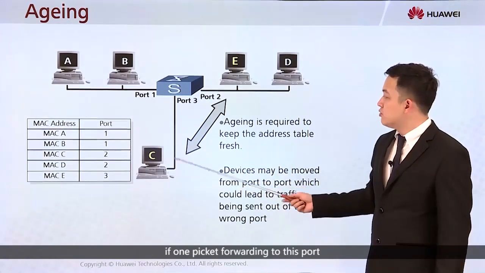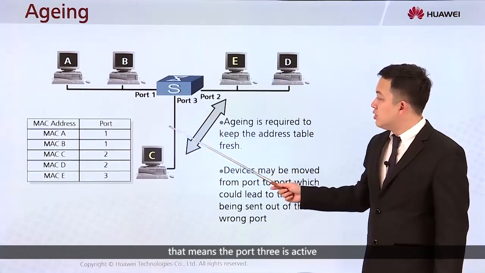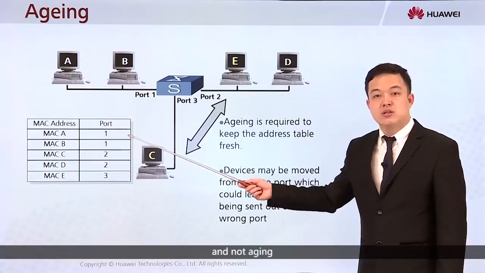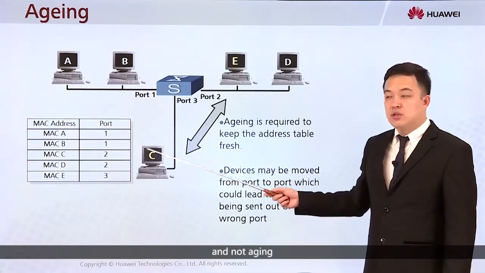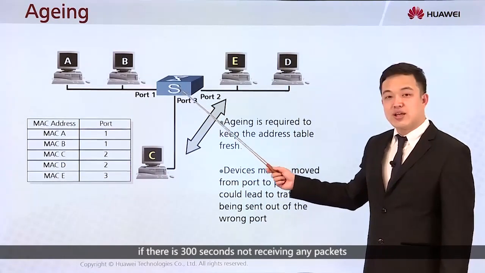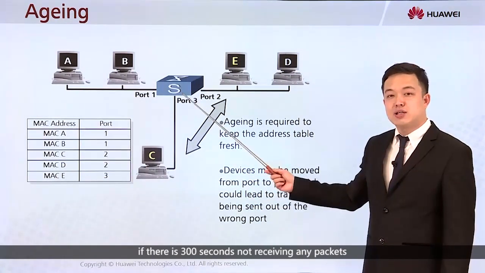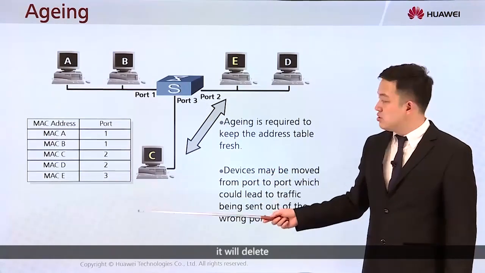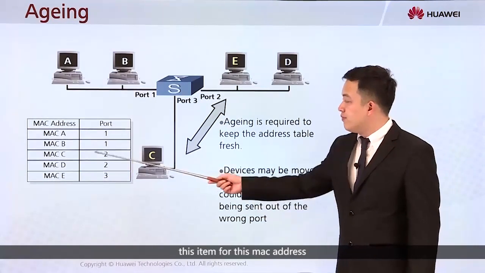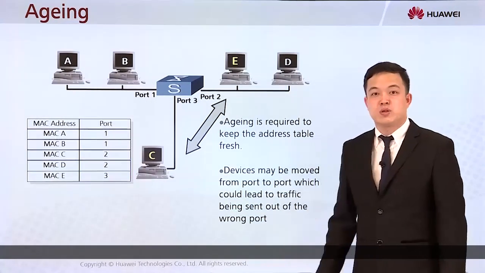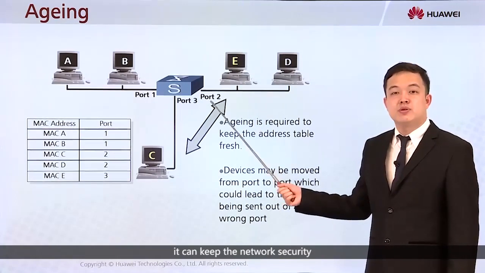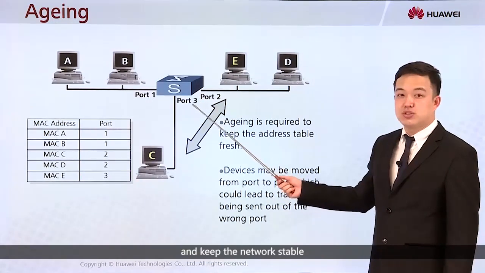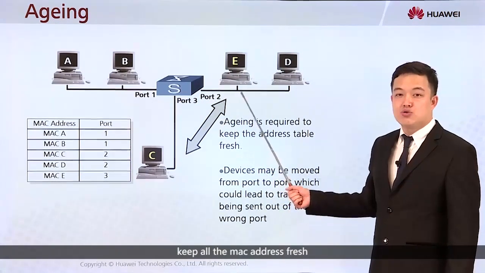If a packet is forwarded from this port, that means port 3 is active and the entry is not aged out. If there are 300 seconds without receiving any frame from this port, it will delete the entry for this MAC address. So that is aging. It can keep the network secure and stable, and keep all the MAC addresses fresh.